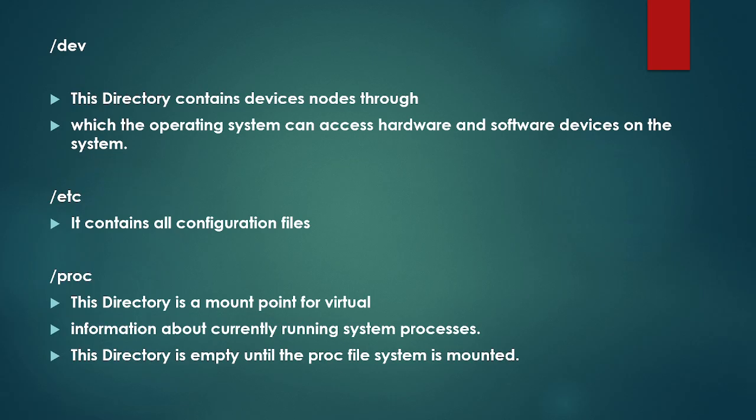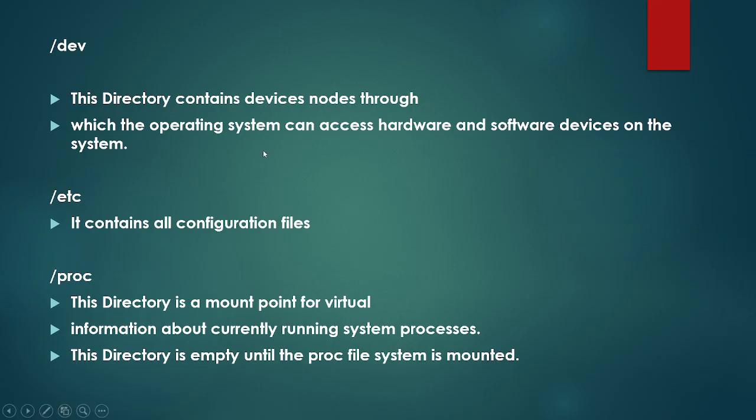Next, dev. This directory contains device nodes through which the operating system can access hardware and software devices on the system. Under slash dev you can find the entries for the hard disk, like slash dev slash sda, sdb, hdc.